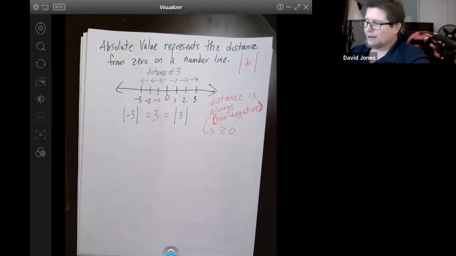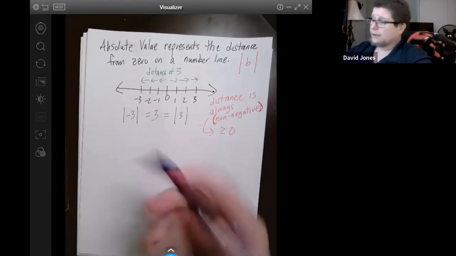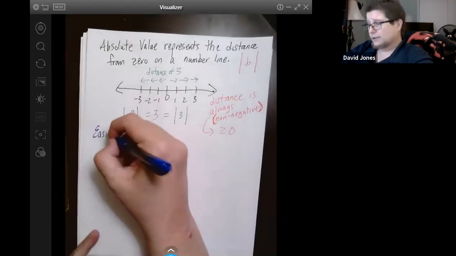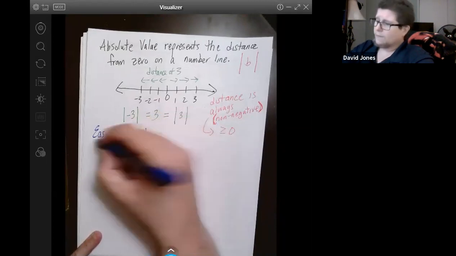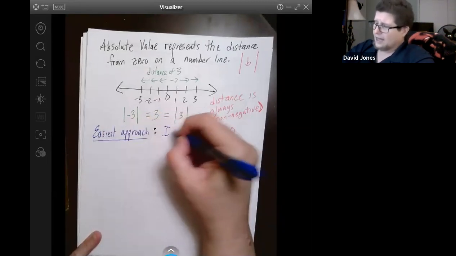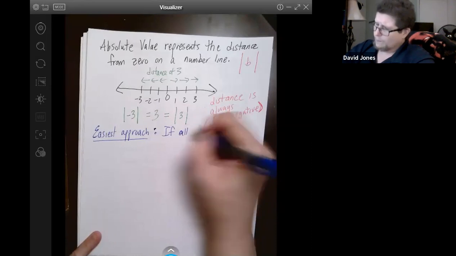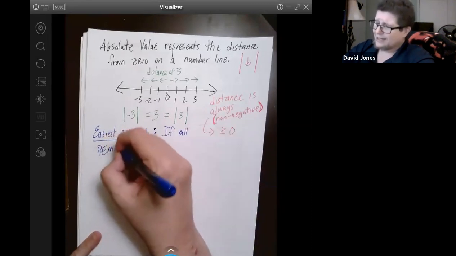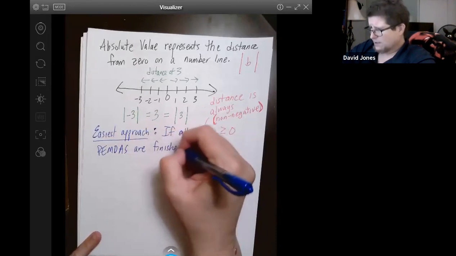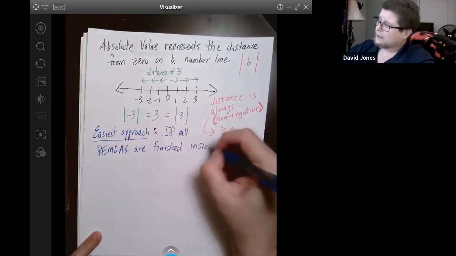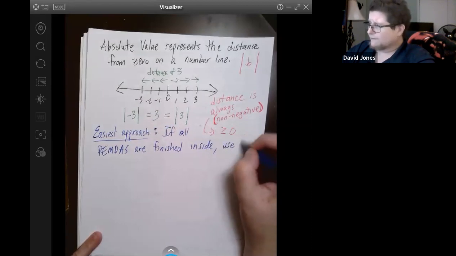So the easiest way to remember it, the easiest approach: if all PEMDAS operations are done inside, use the positive version of the number.